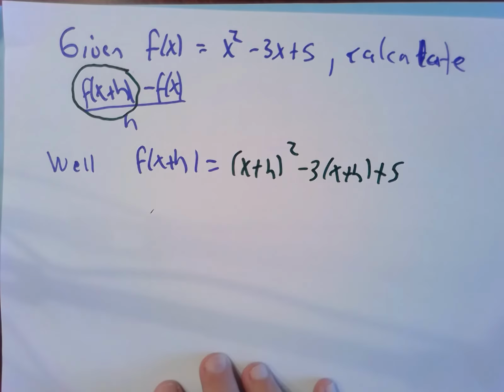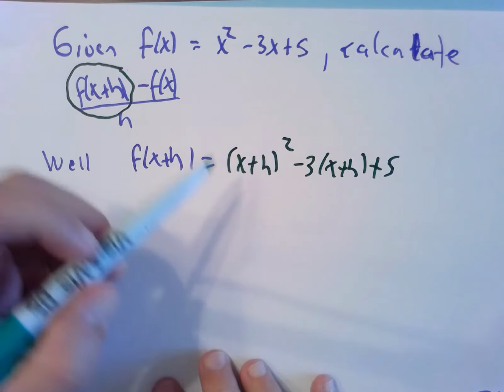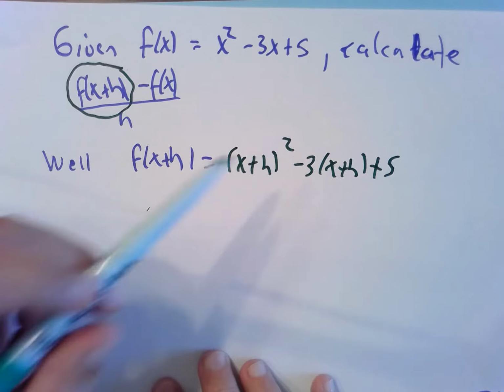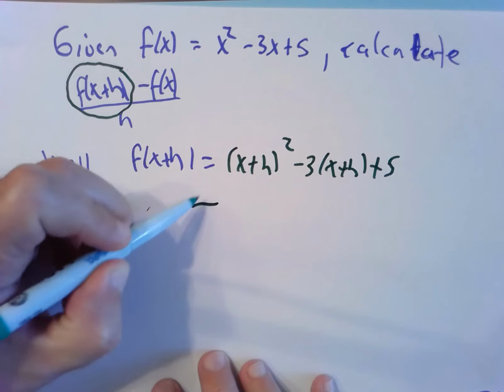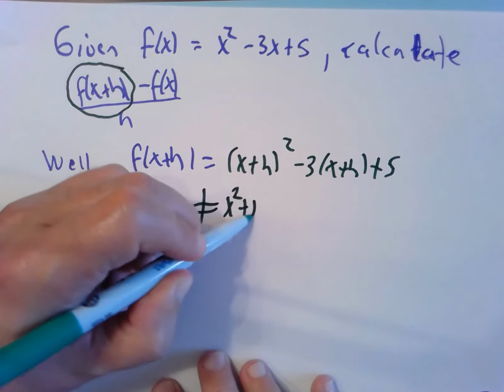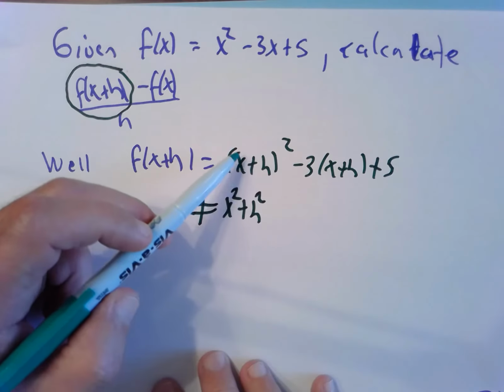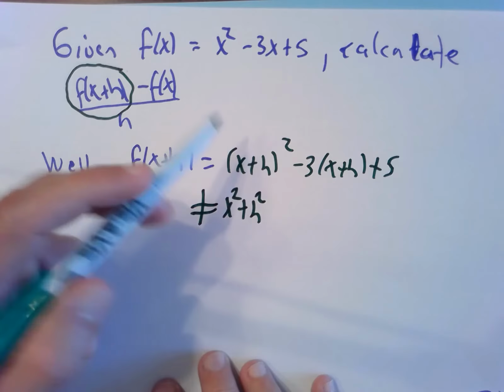Okay, now we have to simplify this. So that's going to take a little bit of work. First off, right here, x plus h squared is not x squared plus h squared. You can't distribute a square over addition or subtraction. We have to FOIL that out.